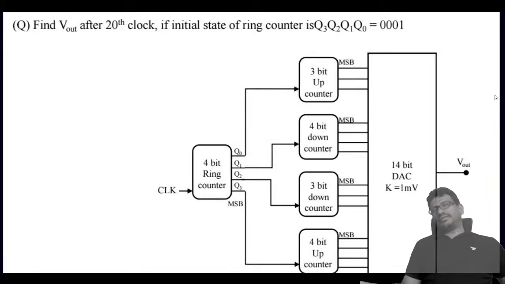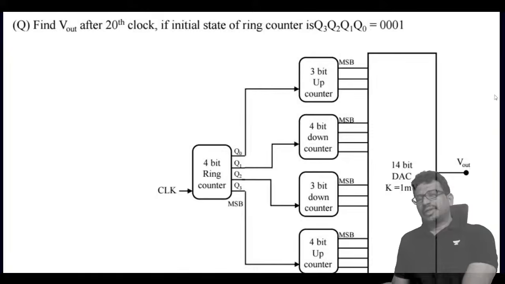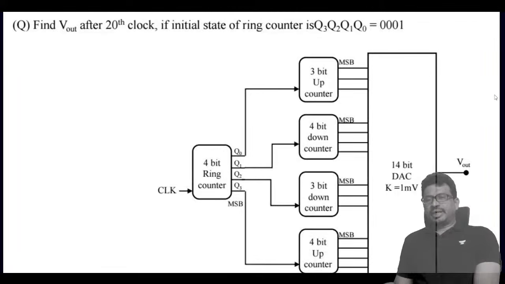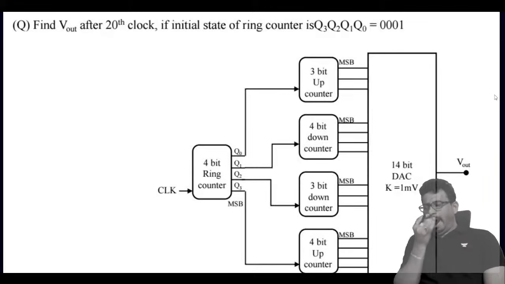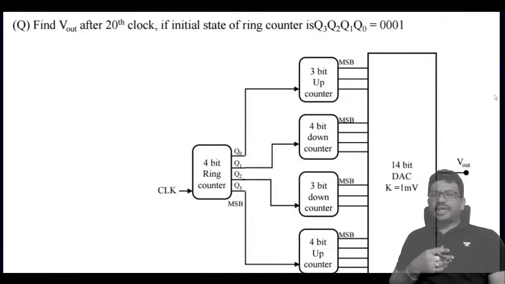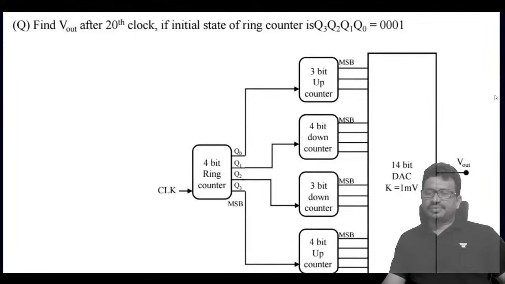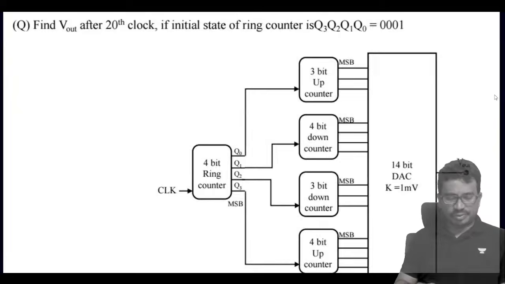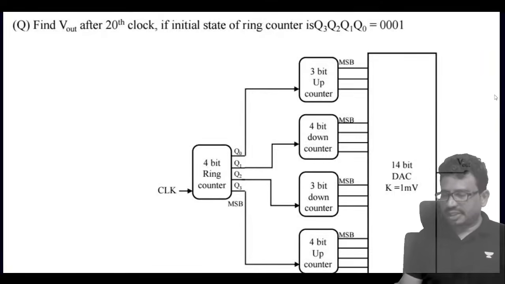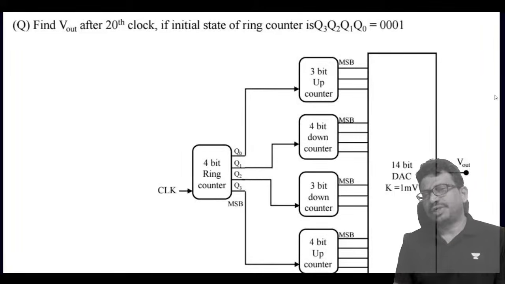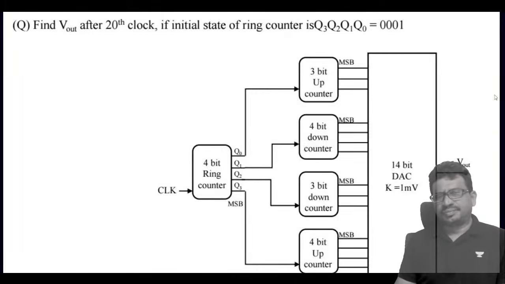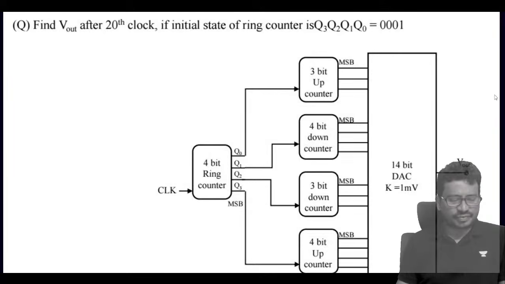Earlier they gave 10 clocks, but it is 20 clocks. Another thing is here they gave an up counter, and a down counter is also given. So you see this here. How many times the process will happen, we need to be careful. So here V0 we need to find.